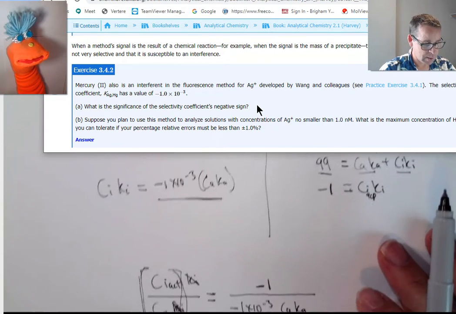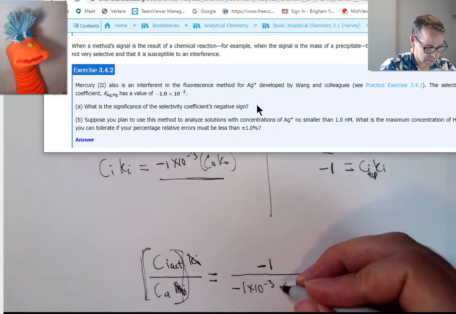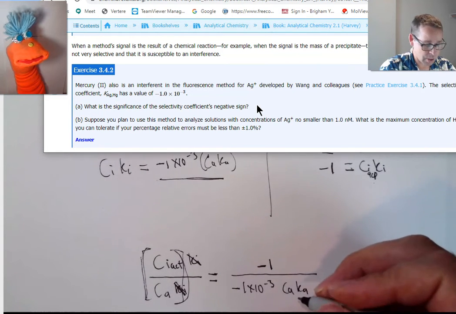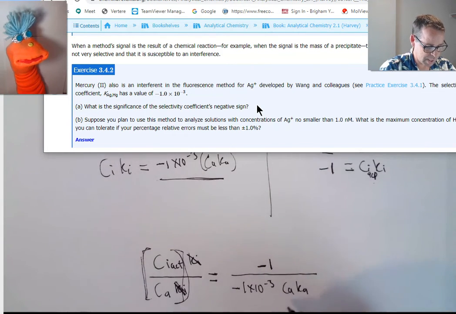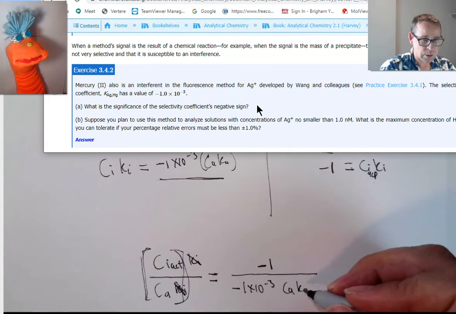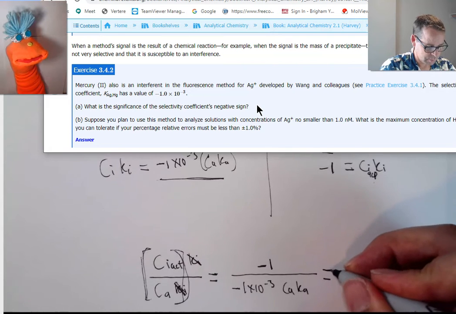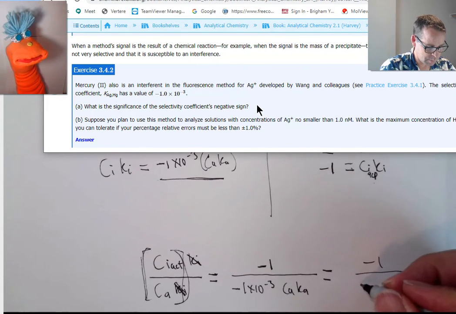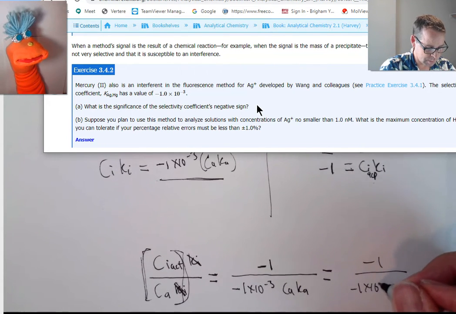It's going to be the signal, sorry, that we would expect from this concentration over here. So -1 times -1 times 10 to the -3 times 100.